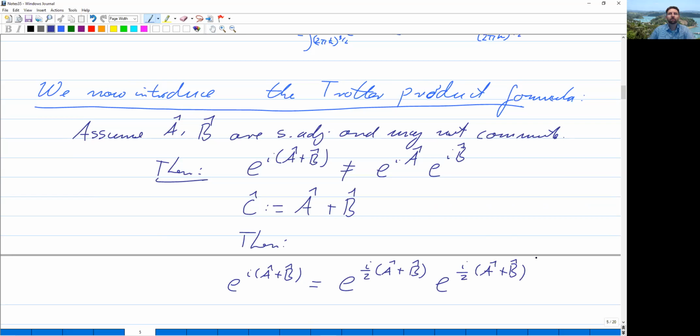You see, there's no problem with non-commutativity here because this is C, this is C, this is C. C commutes with itself, therefore everything works just as if it were numbers.